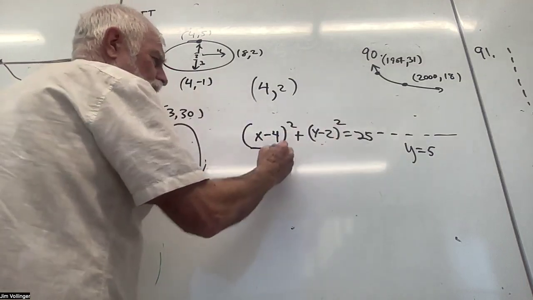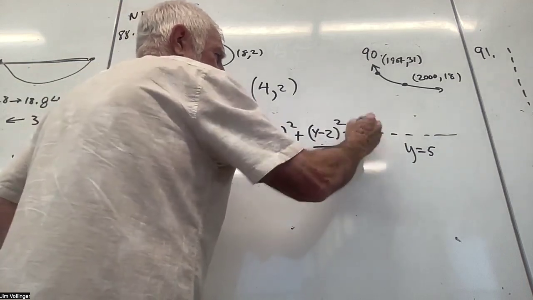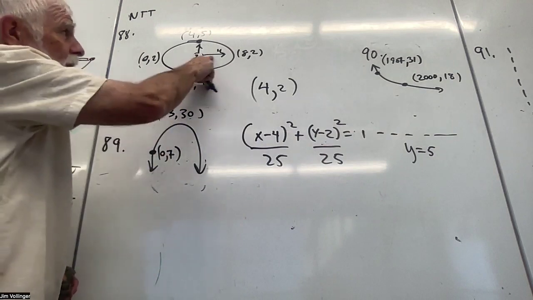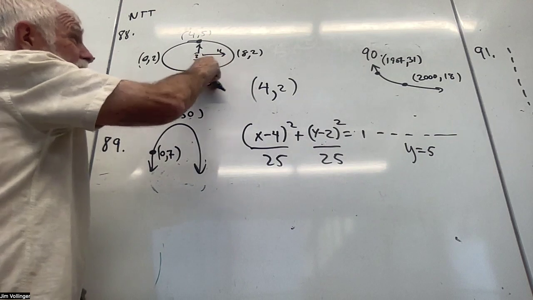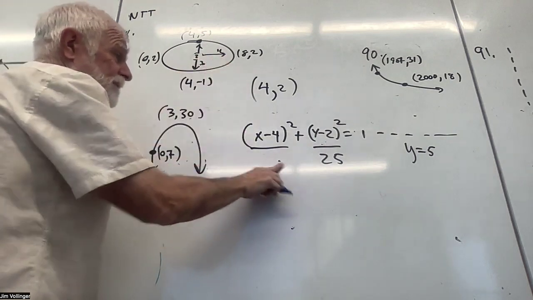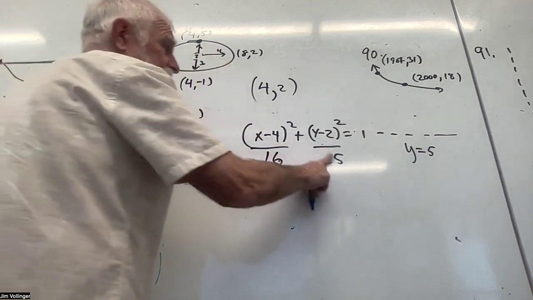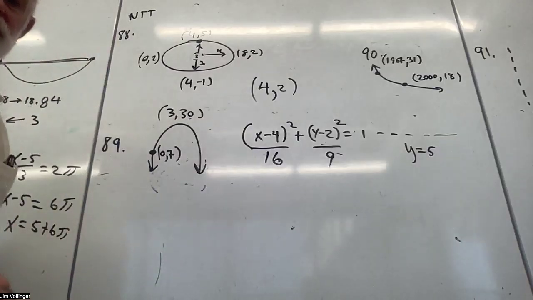But I also could have shown it this way, where all I did was divide everything by 25. That's called the major axis, and that's x, horizontal. So that's going to be 16. And this is 3, that's the minor axis. That's going to be 9. And that's the graphing form for an ellipse.